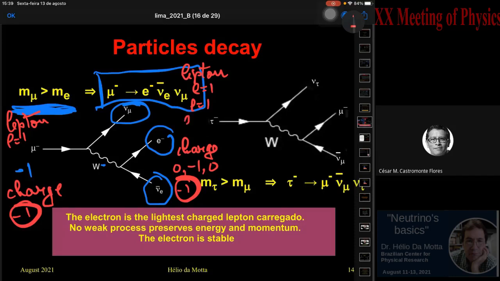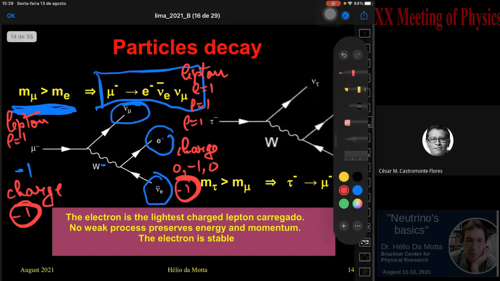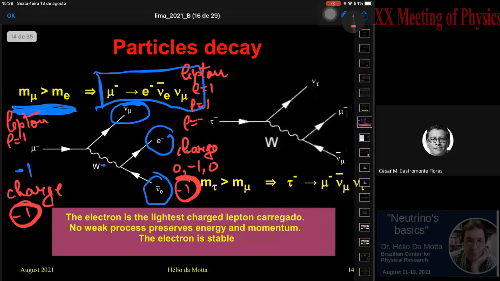So we have L equal to -1. Why? Because of the antineutrino. If it's an antineutrino, the lepton number is -1, the opposite. So at the end, the total lepton number on the right is also 1, conserved.